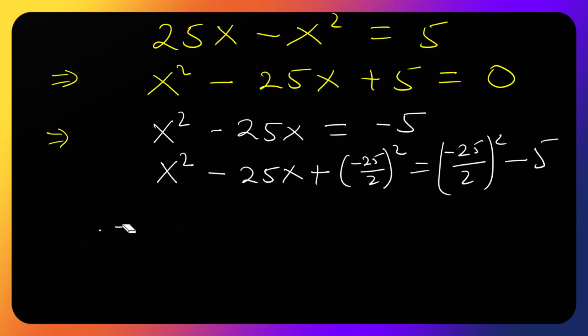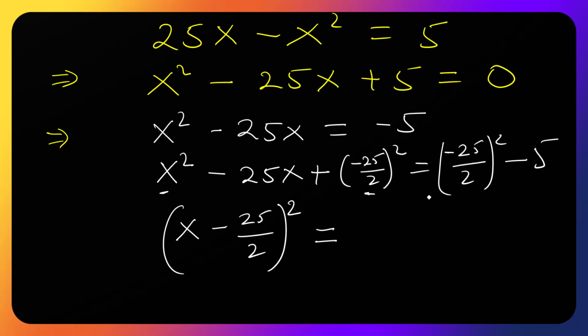So from here, this one and this, x minus 25 on 2 all squared, is the same as this. So if I expand this, I'll get this. So let's square this. The negative in the bracket will be positive. So 25 squared will be 625 on 4 minus 5.